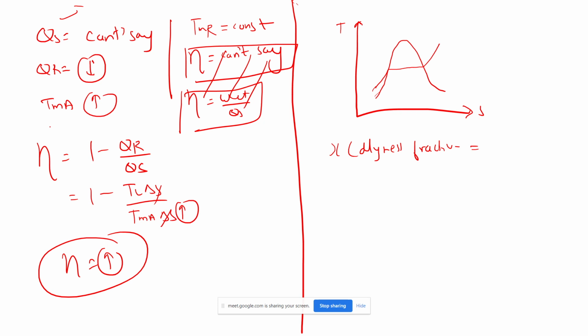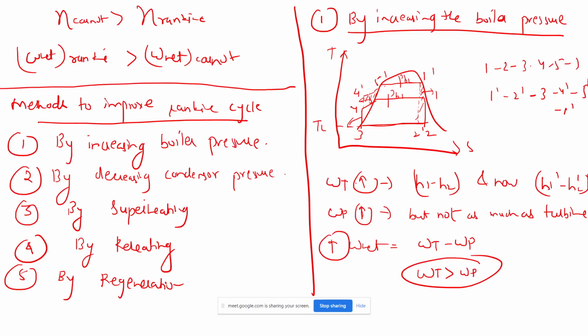Entropy, no, it will remain the same, it won't change actually in entropy.